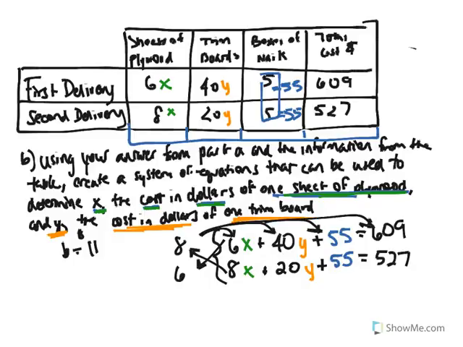And we get, I'm going to put it over here so I have a little more room, 48x plus 320y equals 4432.